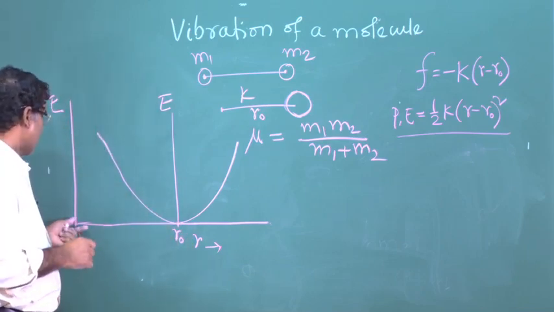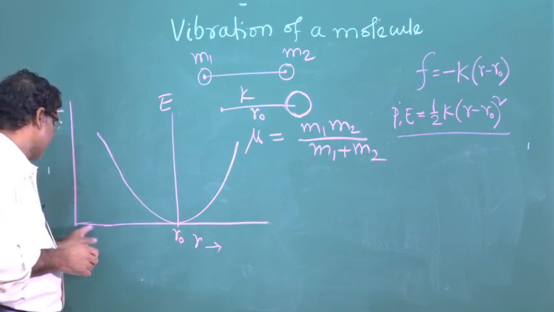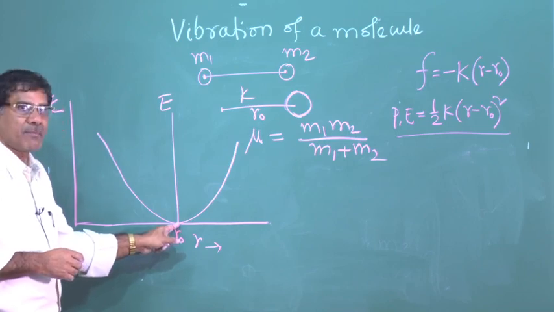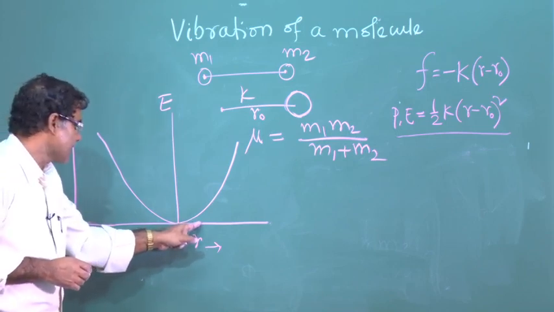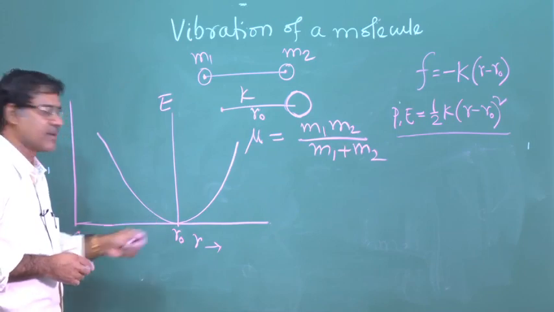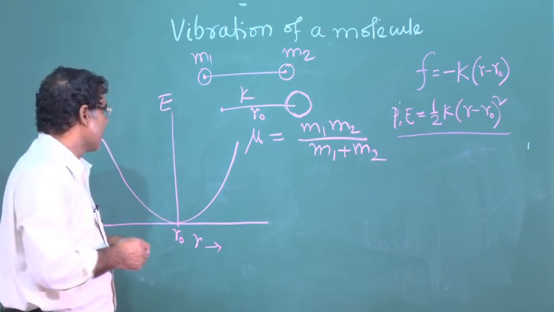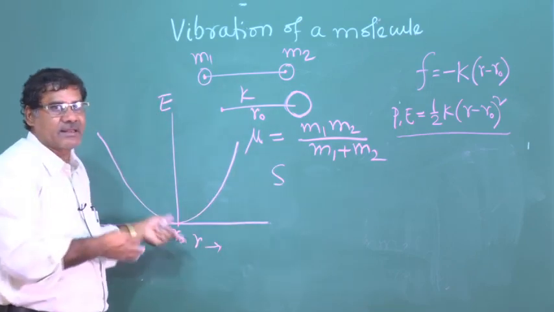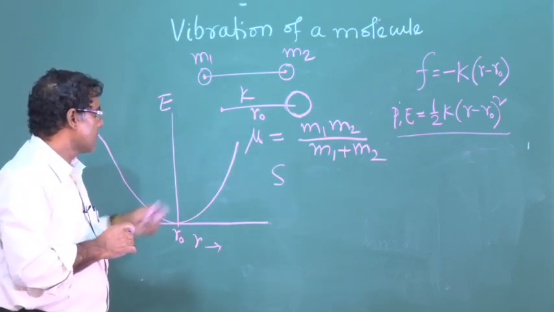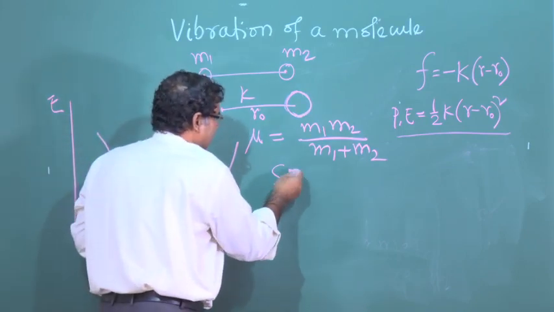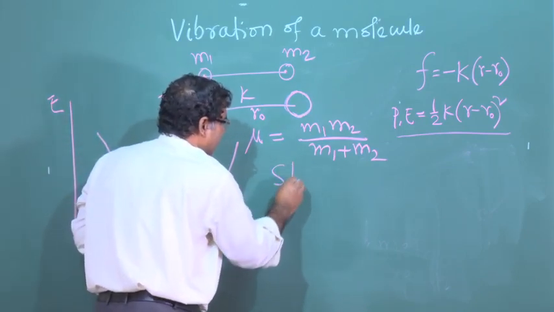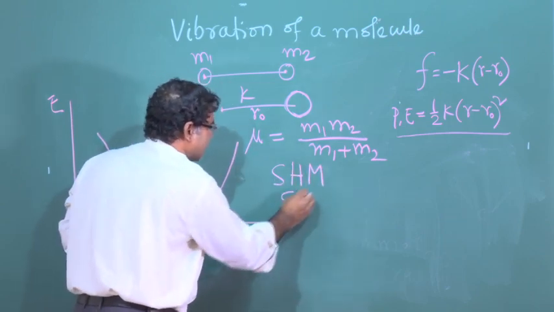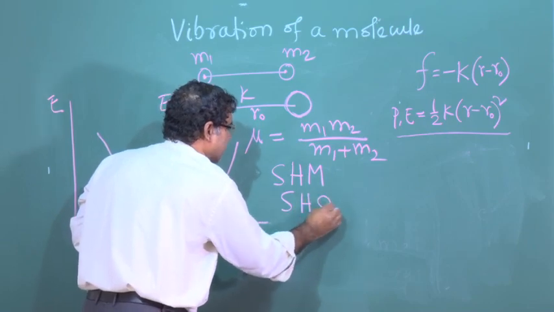At r equal to r0, the energy is minimum. When r is changing, the energy is higher, but these are symmetric. This is the harmonic oscillator potential, so we say it is simple harmonic motion, a simple harmonic oscillator.